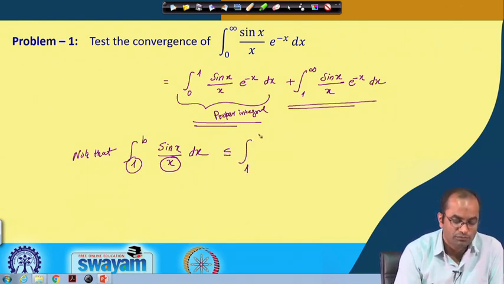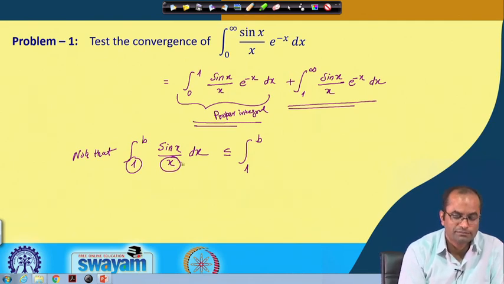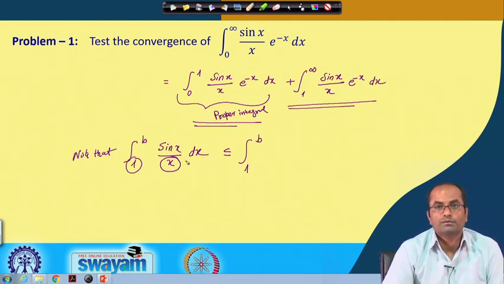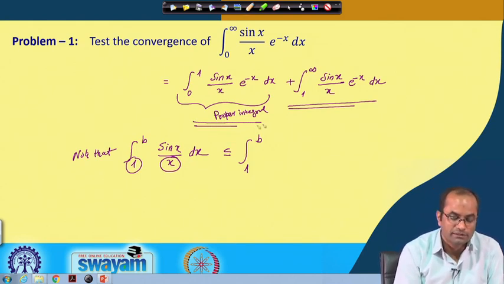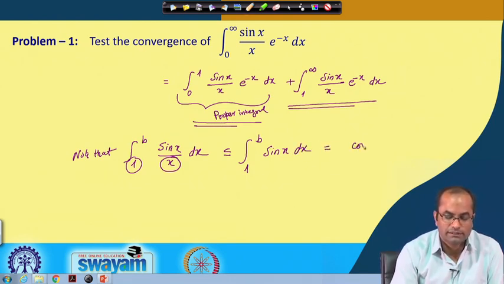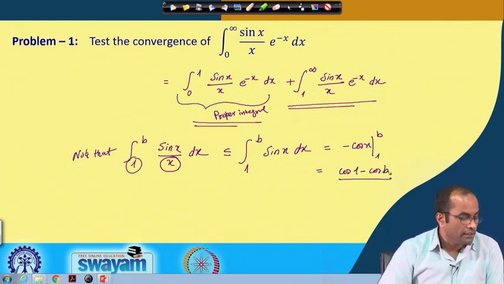So, we have 1 to b, and x is replaced by 1, the lowest possible value, so that the integrand is the larger one. So, we have this integral bounded by the integral of sin x dx, and we know we can integrate this with minus cos x from 1 to b. So, this value will be cos 1 minus cos b, and we can take the absolute value there.